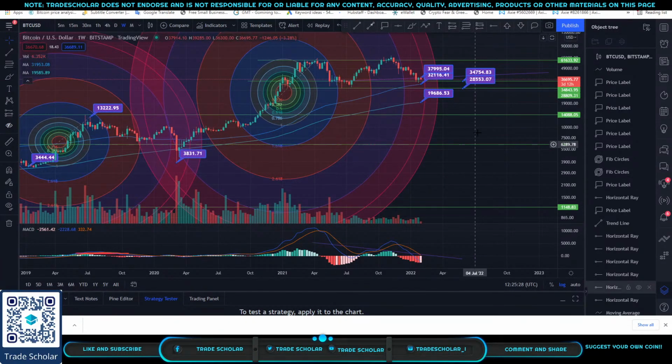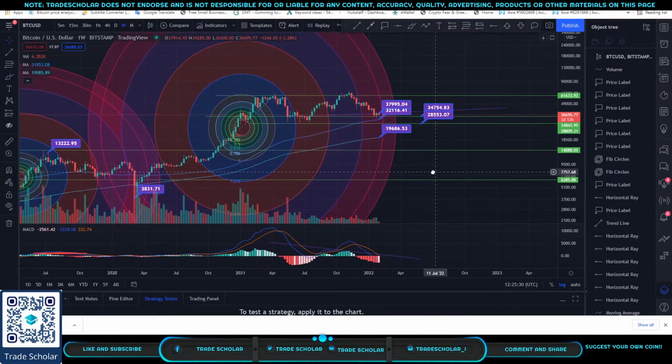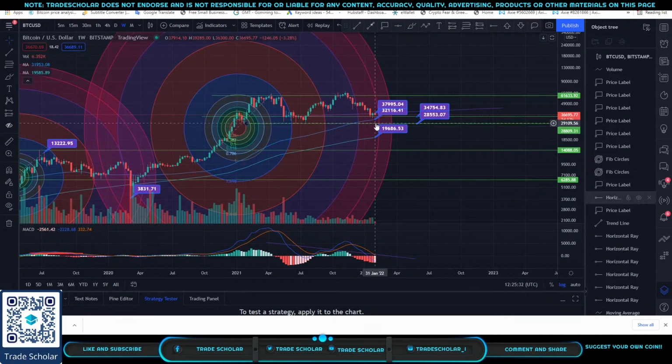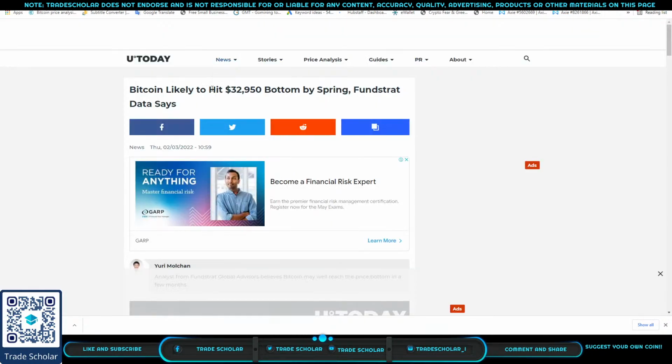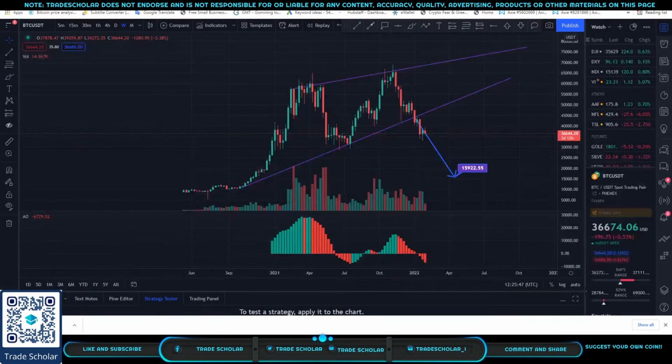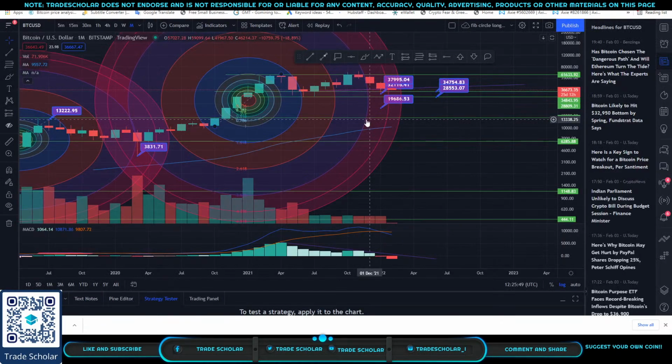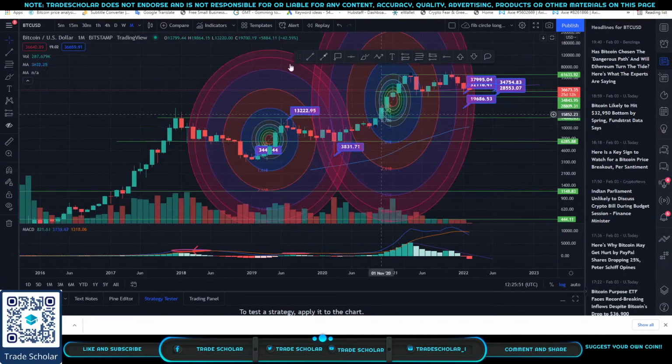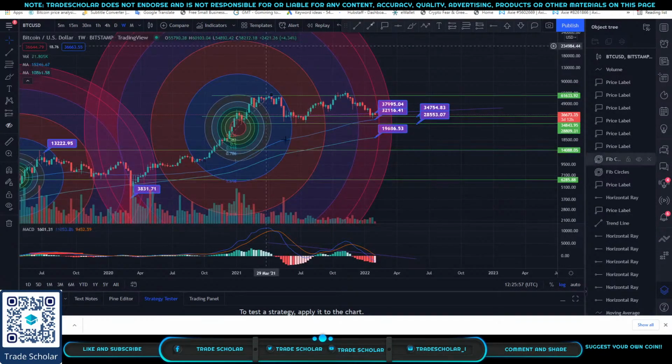So this is our weekly time frame right here. If it repeats itself, then that's good. If not, then we bounce here. This one is close to the Bitcoin news fund strat data, 32,900. Our TA is telling us it can touch up to here.